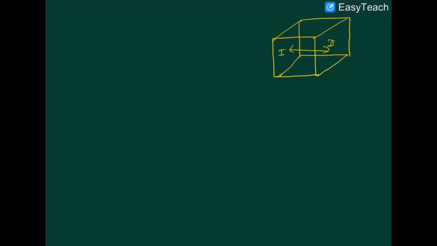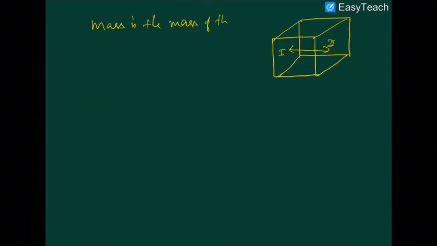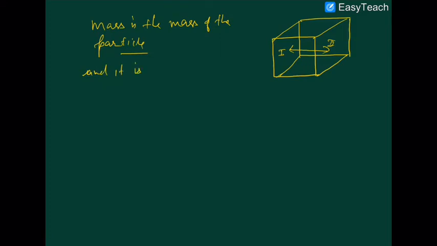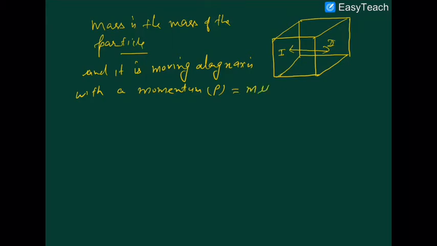So the molecule goes in between these. m is the mass of the particle, and it is moving along the x-axis with a momentum, that is P is equal to m mu x.